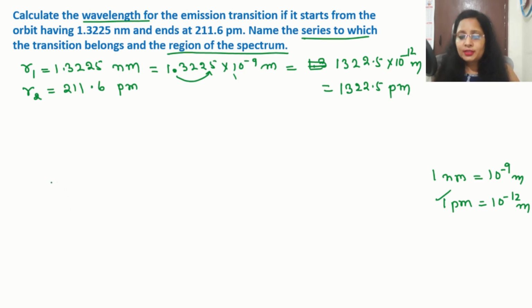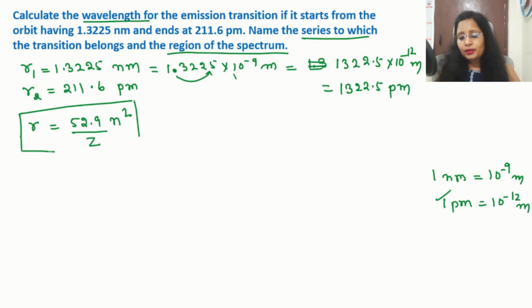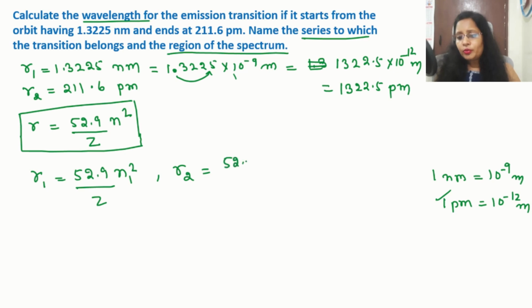Now we have two radii and we have a formula here. R is equal to 52.9 n square upon Z. We are going to use this formula to find the value of n, that is the orbit number. So using this formula, R1 is equal to 52.9 n1 square upon Z, and R2 is equal to 52.9 n2 square upon Z. Z is the same because we are talking about the same element.